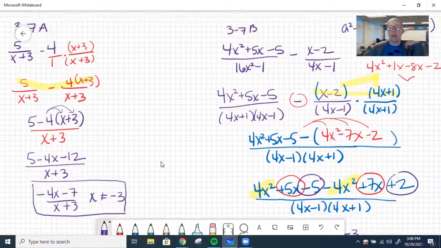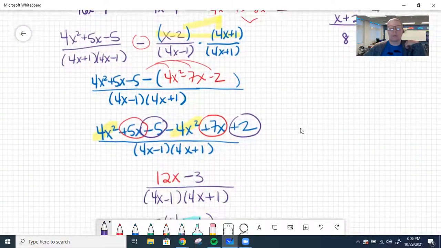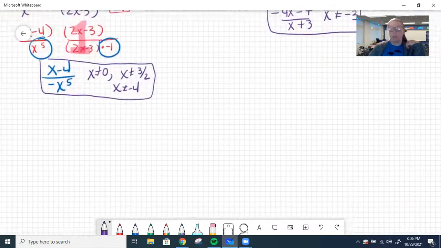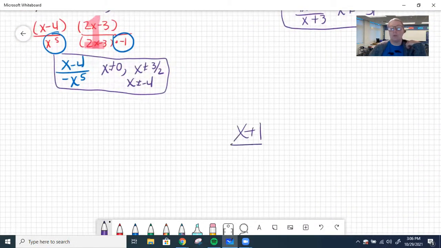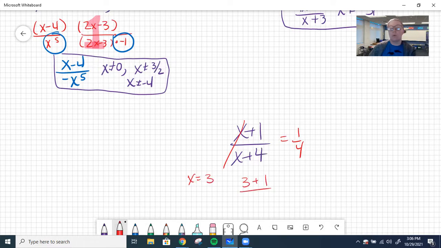When things are being added and subtracted, like this, if I have x plus 1 over x plus 4, here's what people want to do. They would be like, bam, that's gone and equals 1/4. But that's not true, because if, let's say, x were 3, would you say 3 plus 1 over 3 plus 4 is 1/4? You would never say that, right? You'd be like, oh, that's 4 over 7. You can't just cancel things over addition.